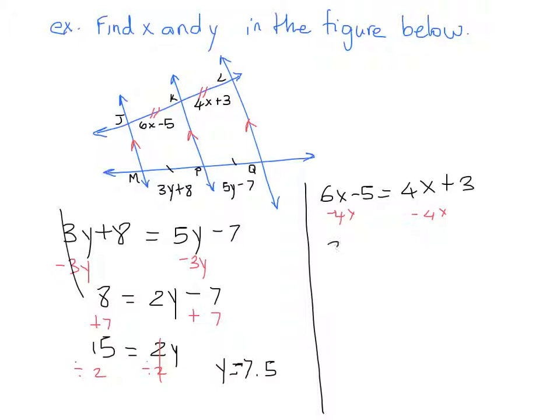So we get that 2x minus 5 is equal to 3. So again, we're trying to isolate the x, so let's add 5 to both sides. And we get that 2x is equal to 8. And finally, let's divide both sides by 2. And we get that x is equal to 4. And that's how it works.